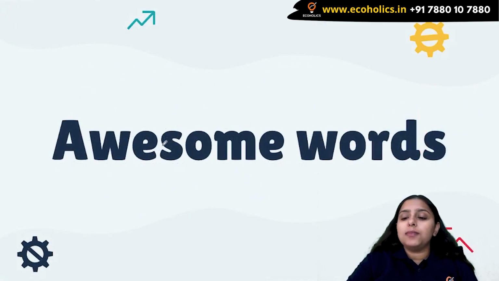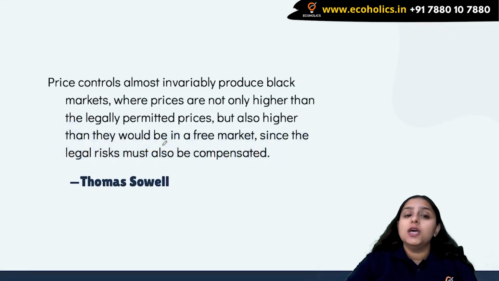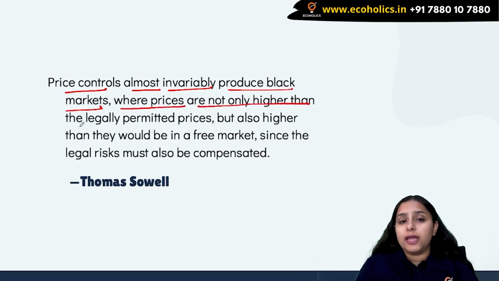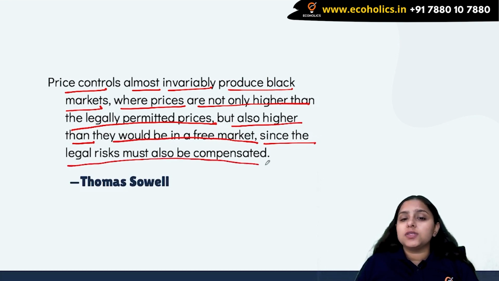Now, there are some very good words given by Thomas Sowell. He said that price controls almost invariably produce black markets, where prices are not only higher than legally permitted prices, but also higher than they would be in a free market, since the legal risk must also be compensated.